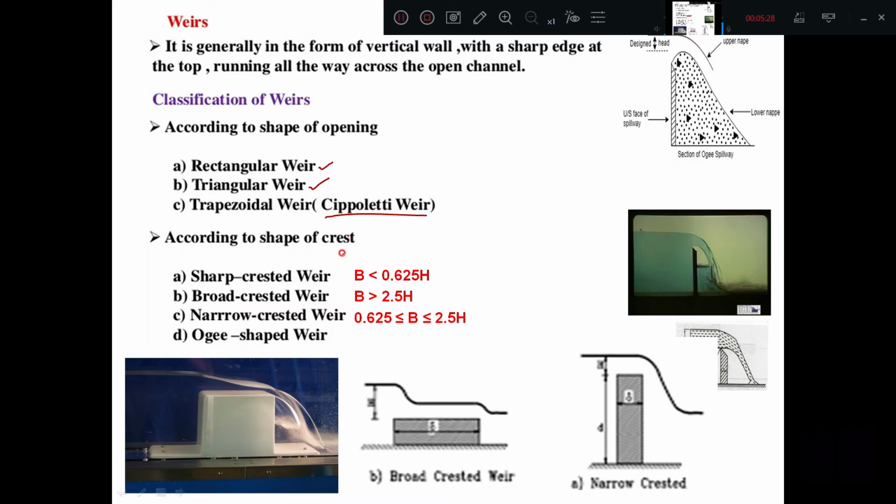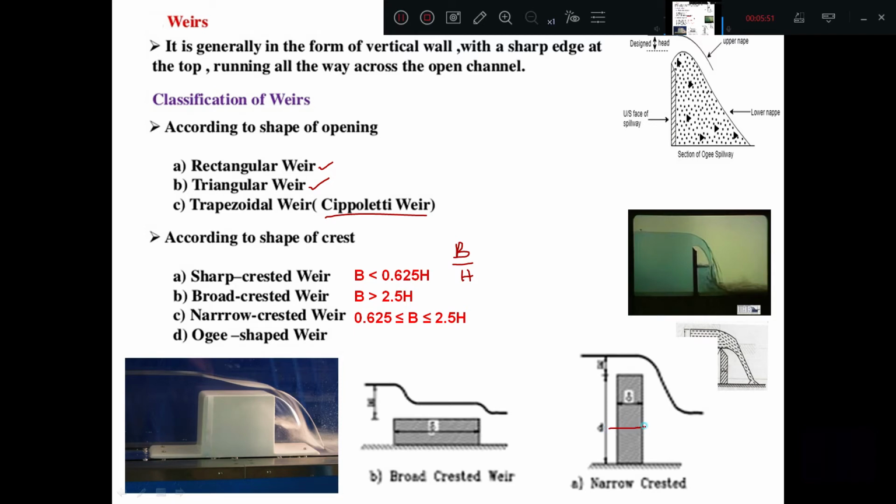But how can we understand whether the crest is sharp, broad or narrow? It is based on the B by H ratio. B means the width of the weir.